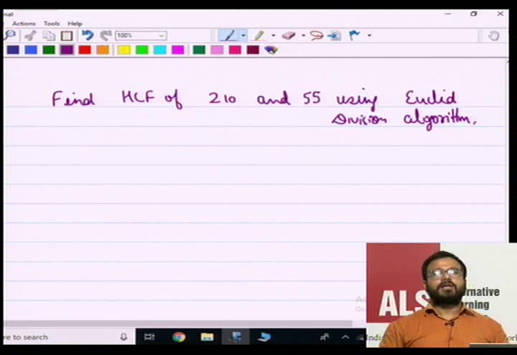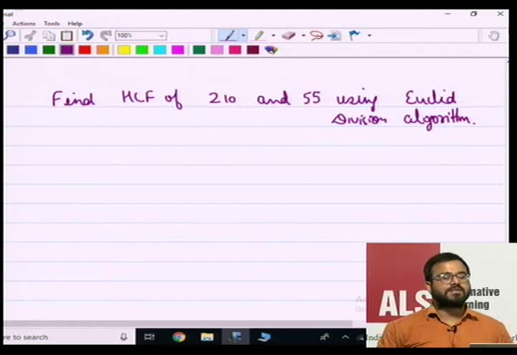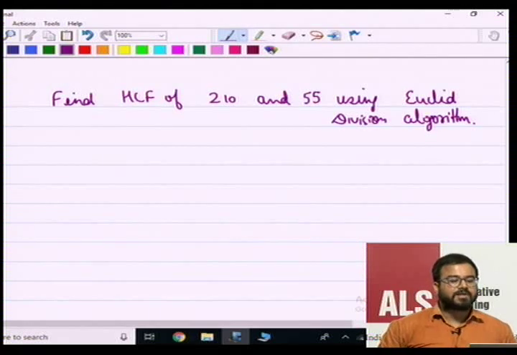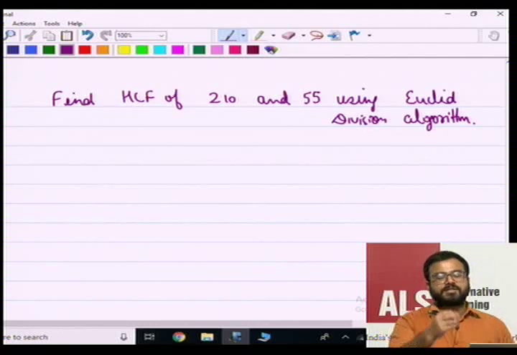In this one, first of all, we have to figure out which of these two numbers is greater. Clearly, 210 is greater than 55.